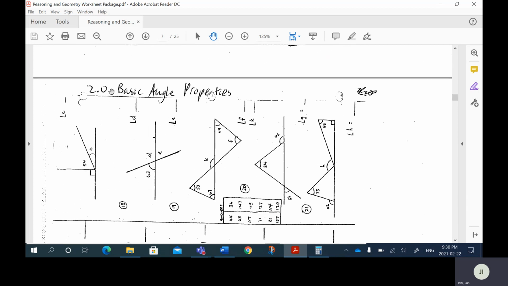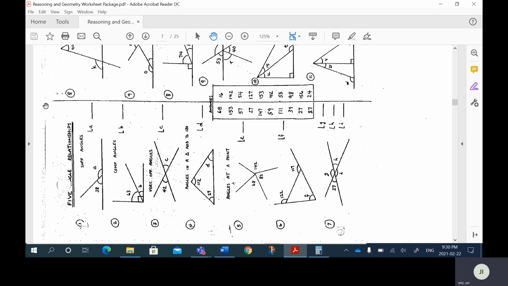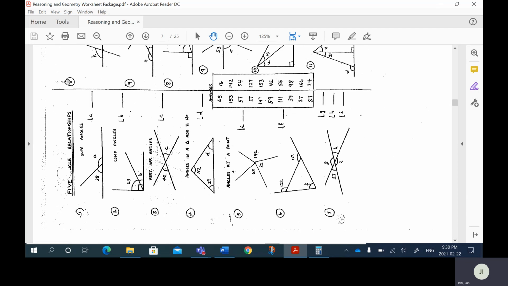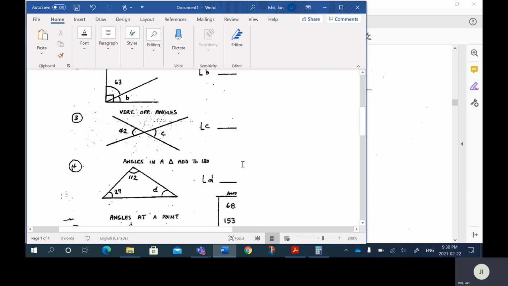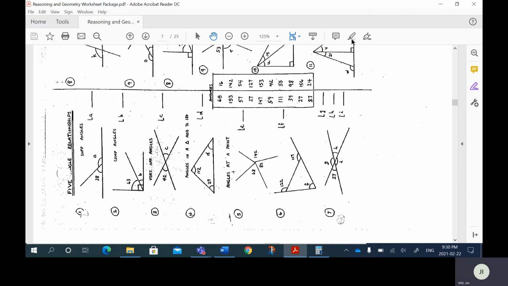One of the pages will say 2.0 basic angle properties. Basically, what I did is I cut this column out and pasted it onto this Word document. I'm going to be going through these, so you can fill it out through your worksheet package. All right, so let me just close that.